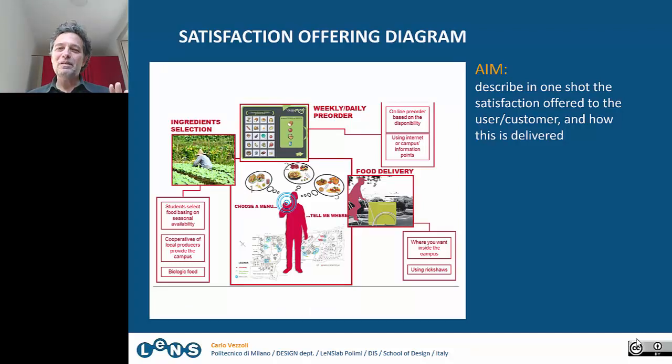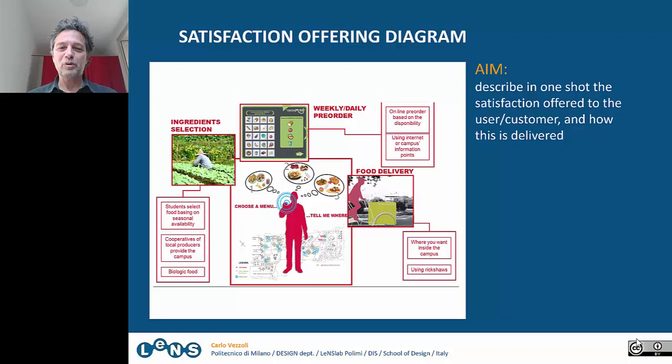So actually the aim is to describe in one shot the satisfaction that is offered. You have to think that it could be like a kind of advertisement in which we are able, using both images and short text, to describe what actually is offered.